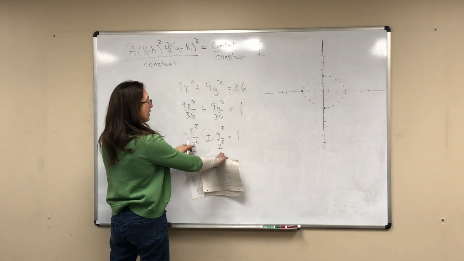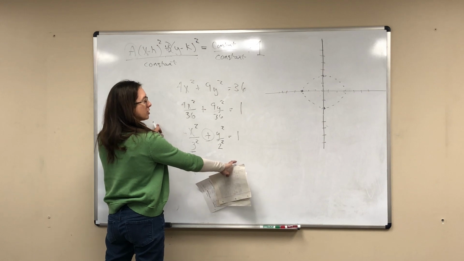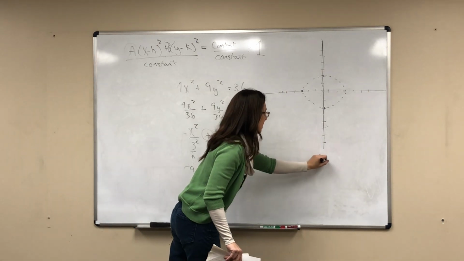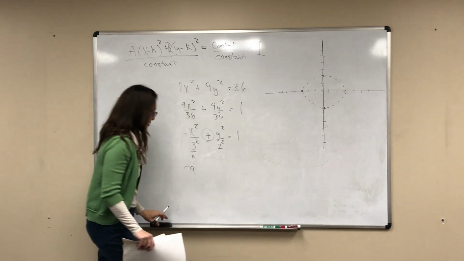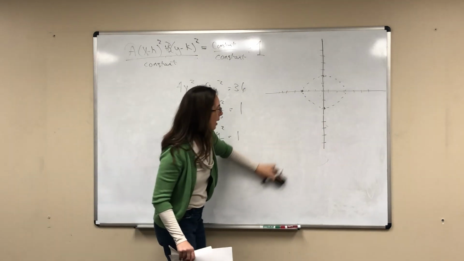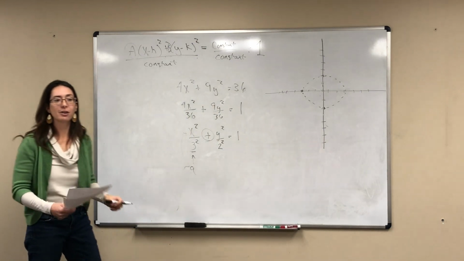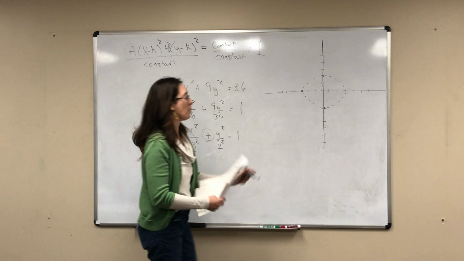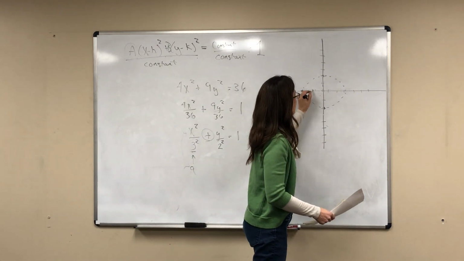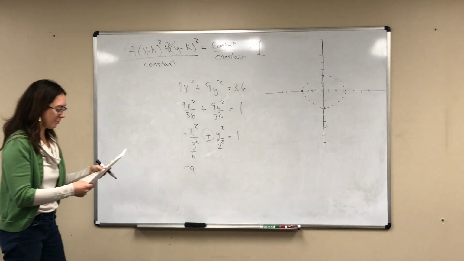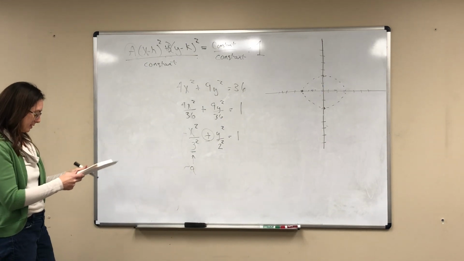As these numbers get further and further apart, what happens to our ellipse? Skinnier. Yeah, it gets more and more squished. Our solar system happens to be an ellipse, and the sun is at the focus of the orbit, which is interesting.